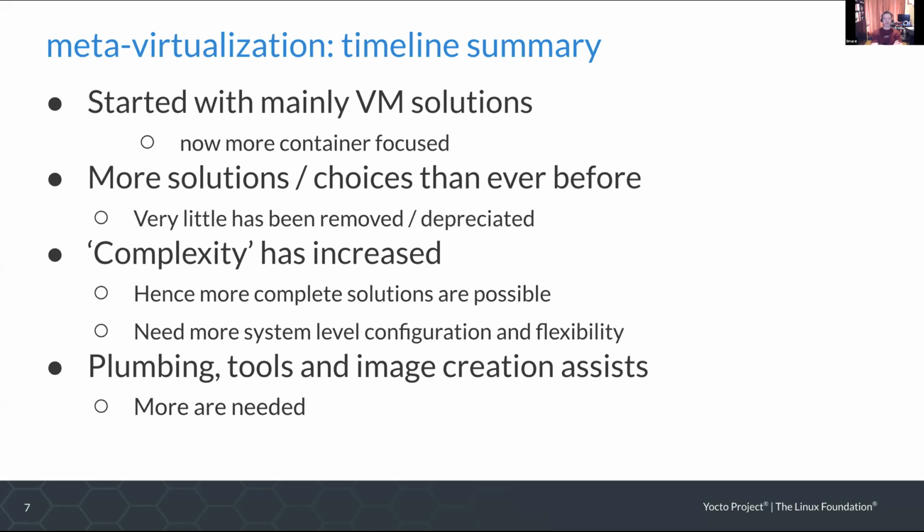We need some more ability to choose those, but of course that increases the test matrix. So there's a little bit of give and take there. And of course, some of the plumbing and tools and the image creation assists have been added, but more are needed. And that's actually something that I'm currently working on, you'll see in my final slides.